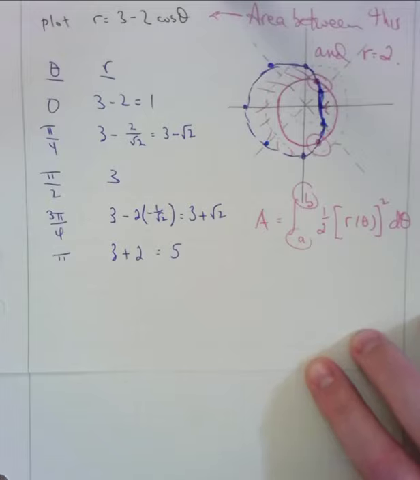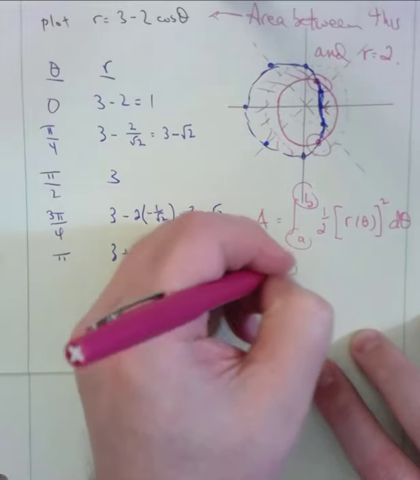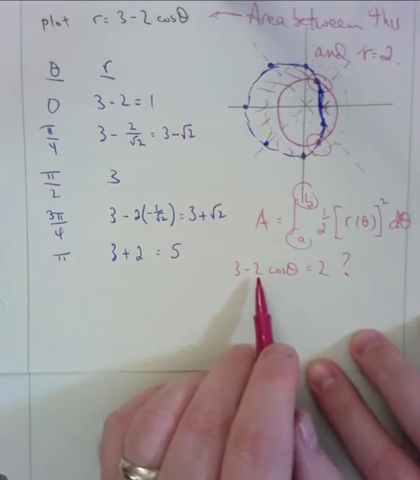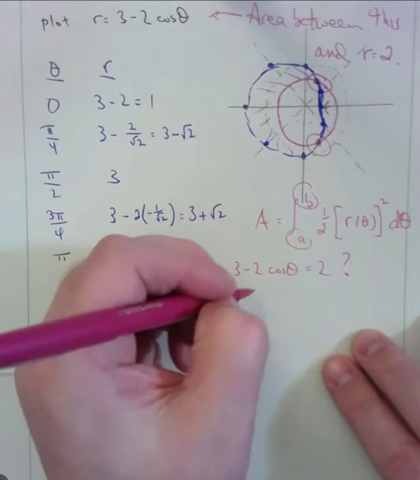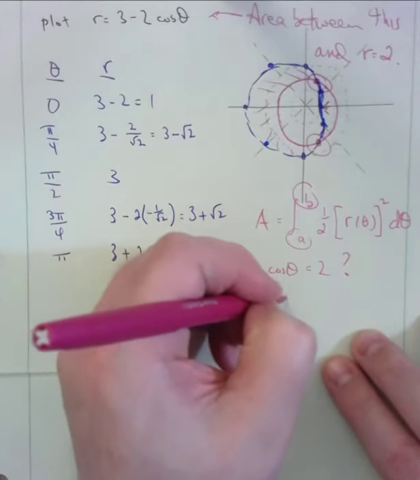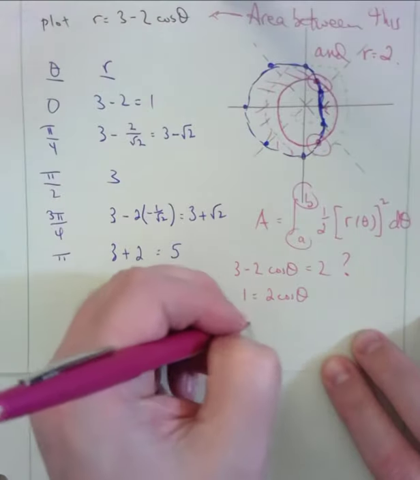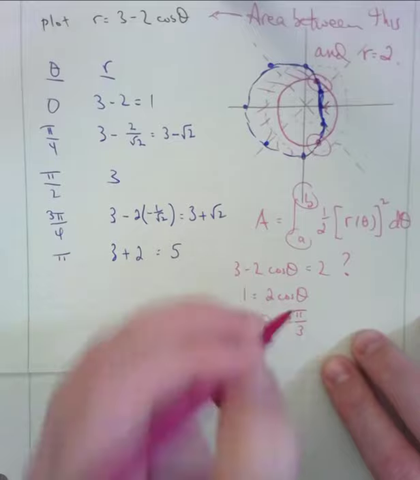To find the points of intersection, we just want to ask, where does 3 minus 2 cosine theta become equal to 2? Well, if we add 2 cosine theta to both sides and then subtract 2, this is the same as looking for 1 equals 2 cosine theta, which is also the same as looking for cosine theta equals 1/2, so theta equals plus or minus pi over 3.